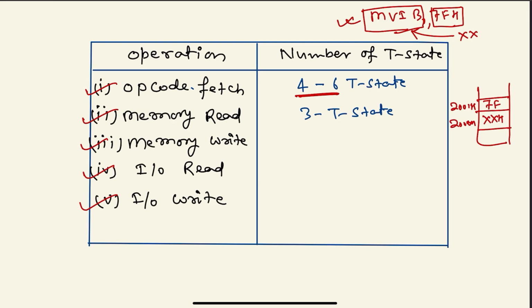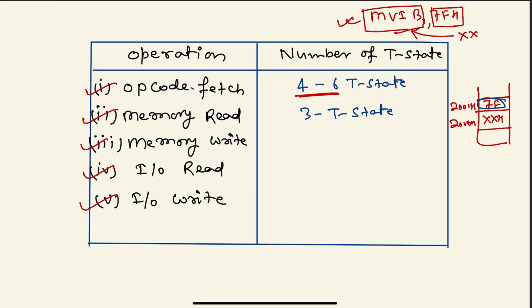So decoding and execution of that part, I'm trying to say, happens in this opcode fetch operation: the last T state is required for the decoding and execution of this opcode. But in the case of memory read, once the processor knows what operation has to be performed, then in the second cycle of the operation it is going to read this data only.